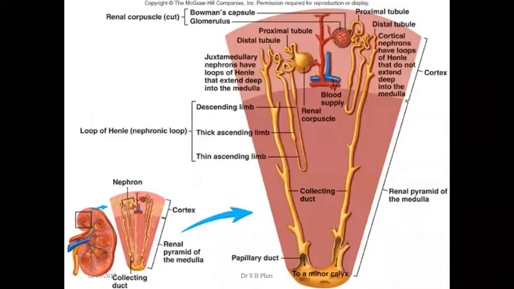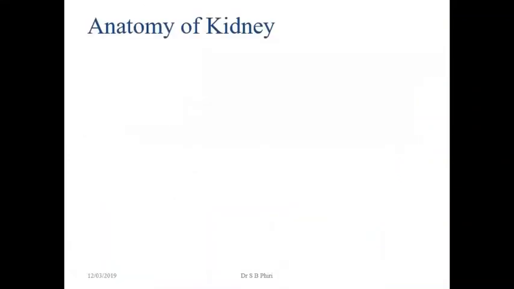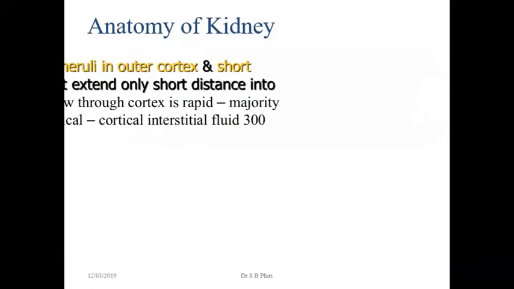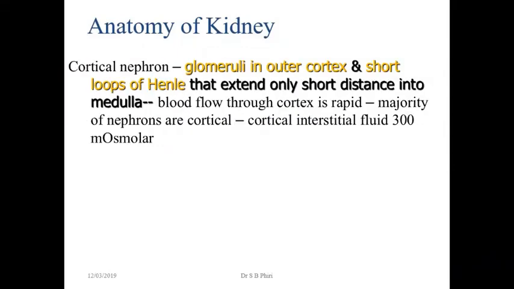So this other diagram, I think it's just explaining almost the same things. So let's just proceed. The two different types of nephron I've already explained. You have the cortical nephron, with the glomeruli in the outer cortex, and short loops of Henle that extend only a short distance into the medulla.